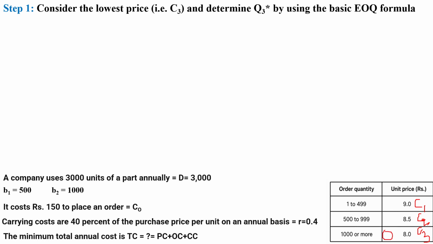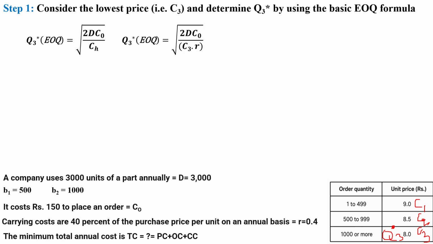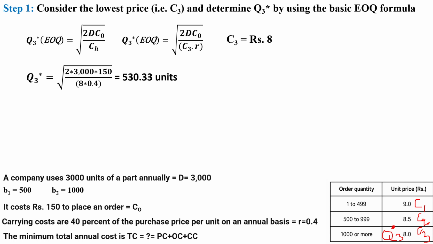Let's consider at the C3 price, the EOQ value is Q3 star. So Q3 star is the root of 2D C0 by CH, which we can rewrite as root of 2D C0 divided by C3 into R. Here C3 equals 8 rupees, R equals 0.4, C0 equals 150 and D equals 3000. Then substituting all the values, we get Q3 star equal to 530.33 units.